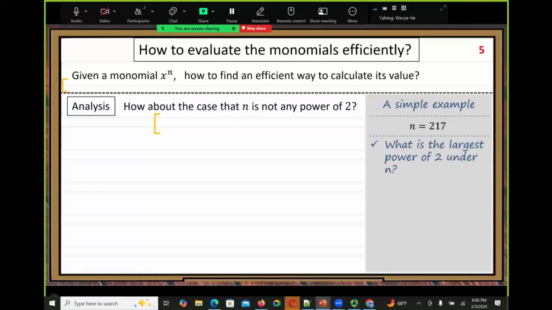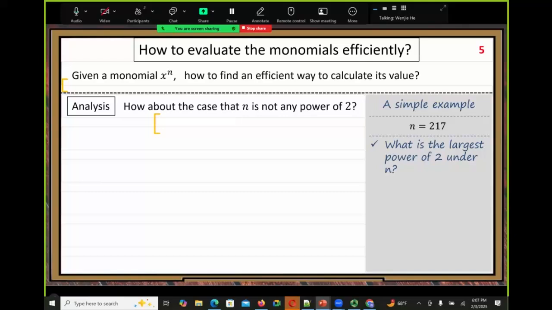Now, when I work on it, I ask this question: what is the largest power of 2 under n? Power of 2, because I know how to use the minimum number of multiplications to calculate that power of 2.